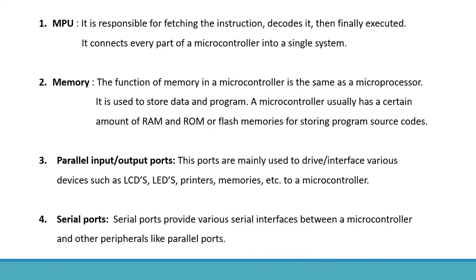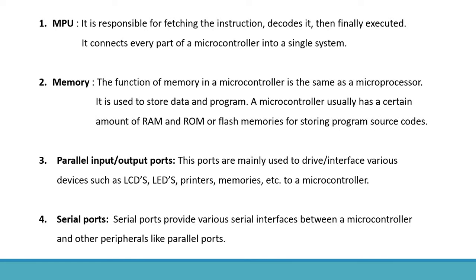Firstly, MPU. MPU is responsible for fetching the instruction, decoding it, and finally executing it. It connects every part of microcontroller into a single system. Memory. The function of memory in a microcontroller is same as that of microprocessor.